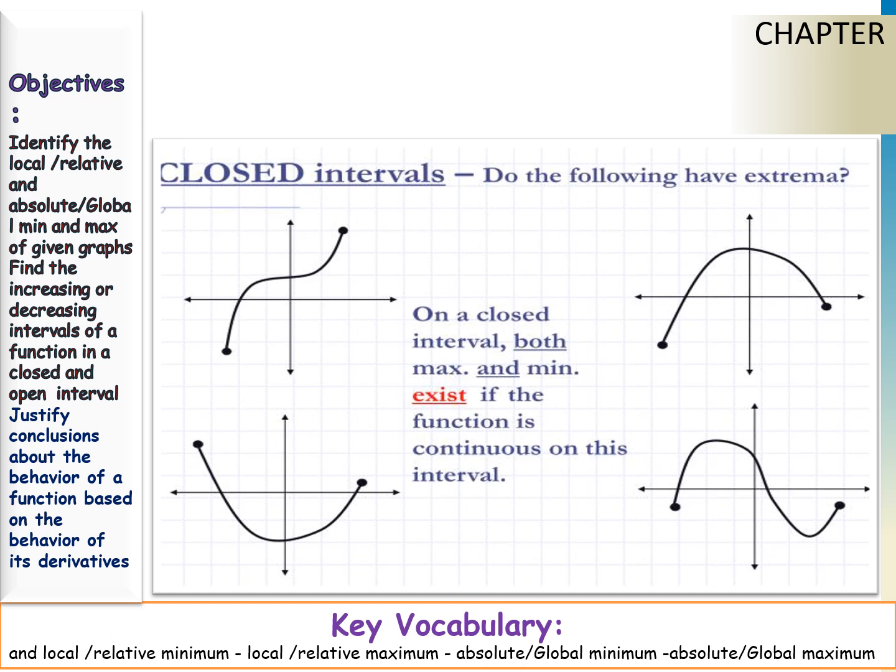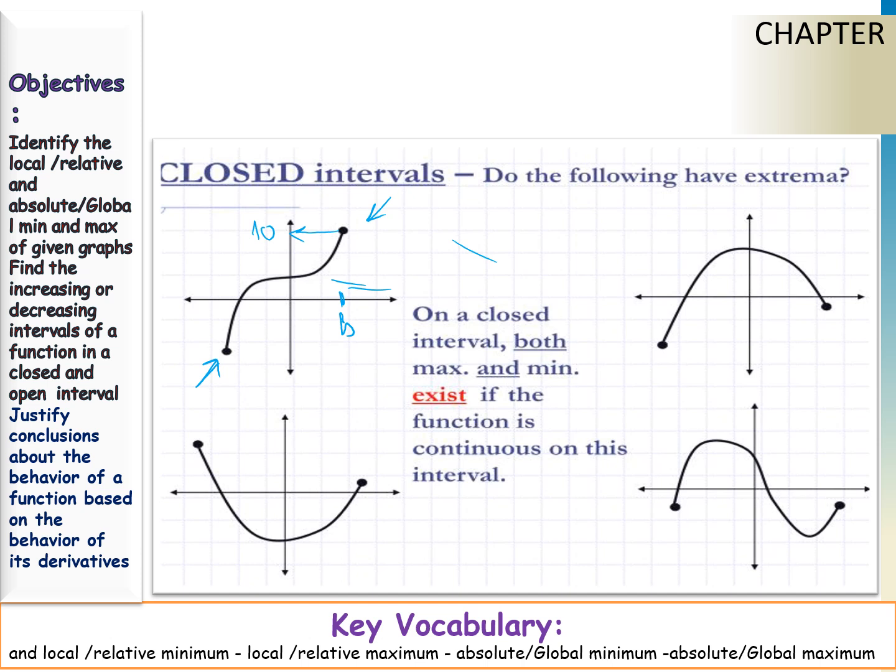Closed interval. When you talk about the closed interval, these are the points which have to be included. You have to show the included points. In the included points, yes, this is the highest point. Suppose this is point B, so at B you have the maximum at y value 10.